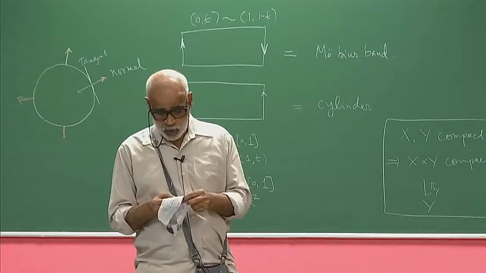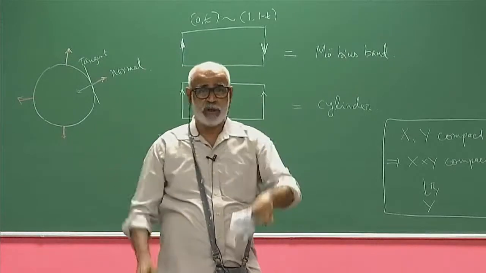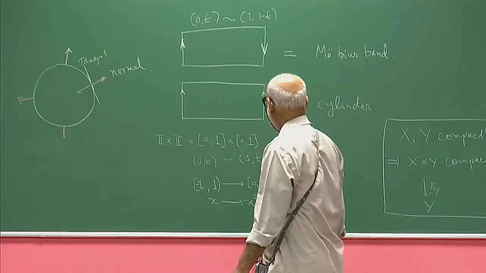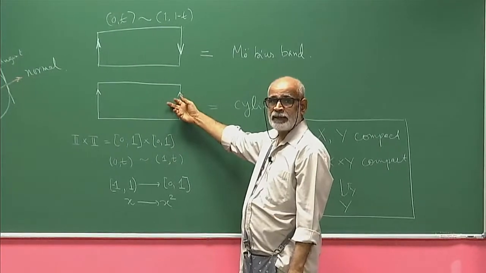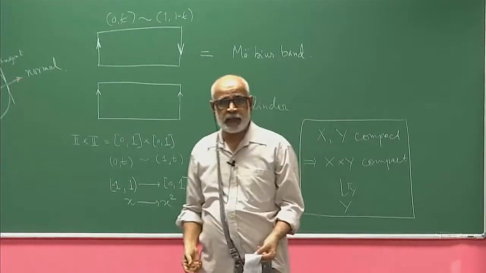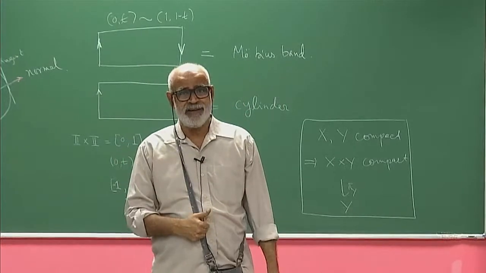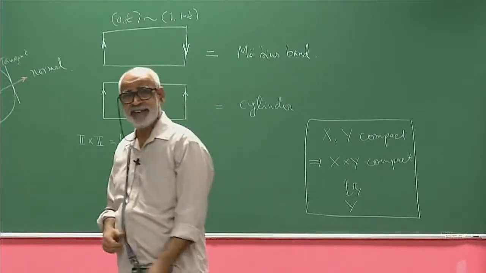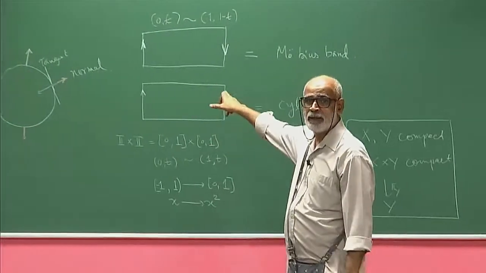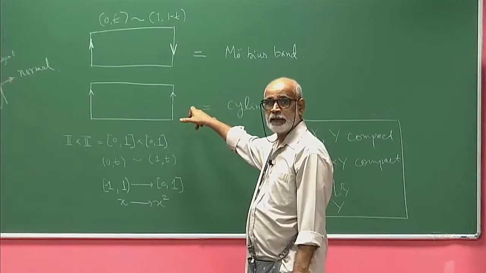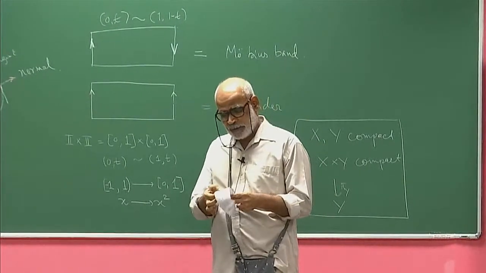So I want to show that this whole thing is path connected, that we know, because we start with a rectangle, which is path connected, and this quotient space is path connected. But when you throw away a line, is it path connected? All that I will do is, I will not use this model, but I will use this mathematical model here directly. So what is the central circle here?